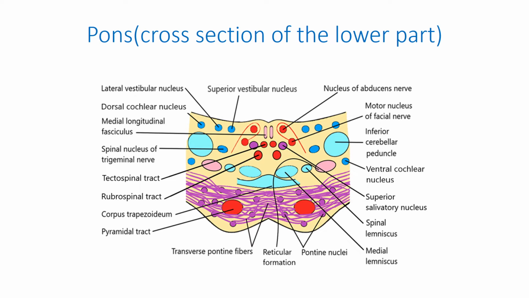The white matter at this level consists of medial longitudinal fasciculus, medial and spinal lemnisci, and trapezoid body, which is a trapezium-shaped bundle of transversely running and decussating nerve fibers arising from the cochlear nuclei. The spinal lemniscus is mainly formed by nerve fibers of the lateral spinothalamic tract.